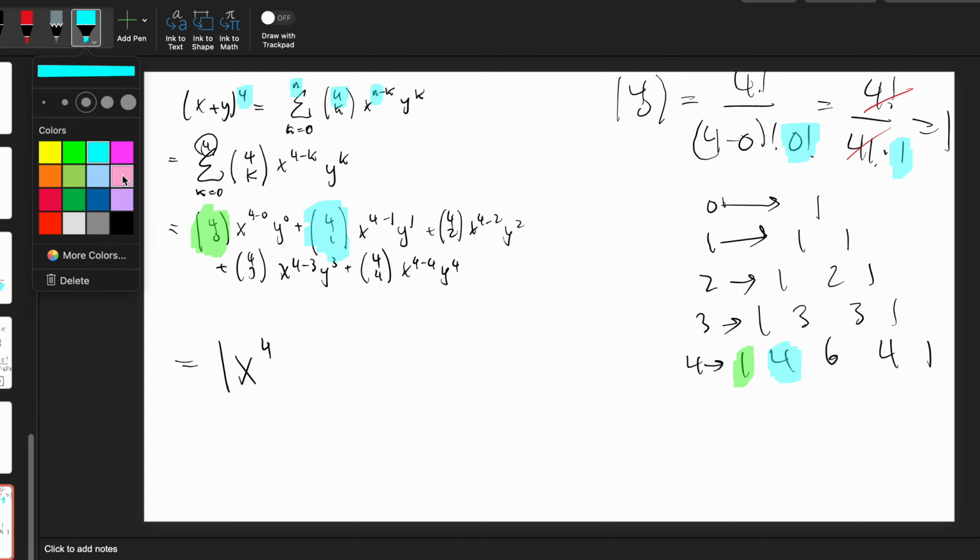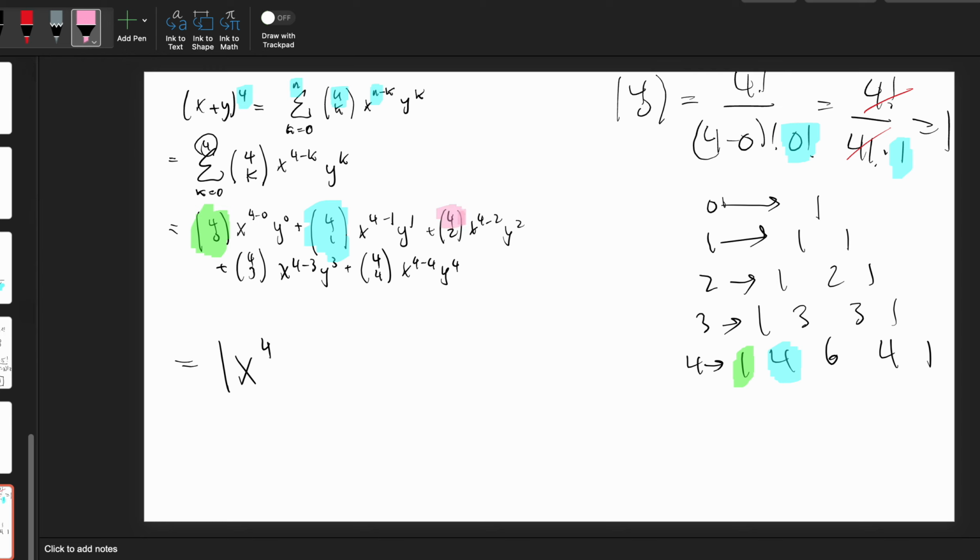And then the next element, 4 choose 2, will correspond to, so we're on the 4th row, 0, 1, 2. This is the 2nd element. I know it's the 3rd element, but we're going to count it as the 2nd because we start counting at 0. Okay, so I'm just going to keep plugging that in. So x to the 4th, y to the 0 has coefficient 1. 4 choose 1 is 4, x to the 3, y to the 1.